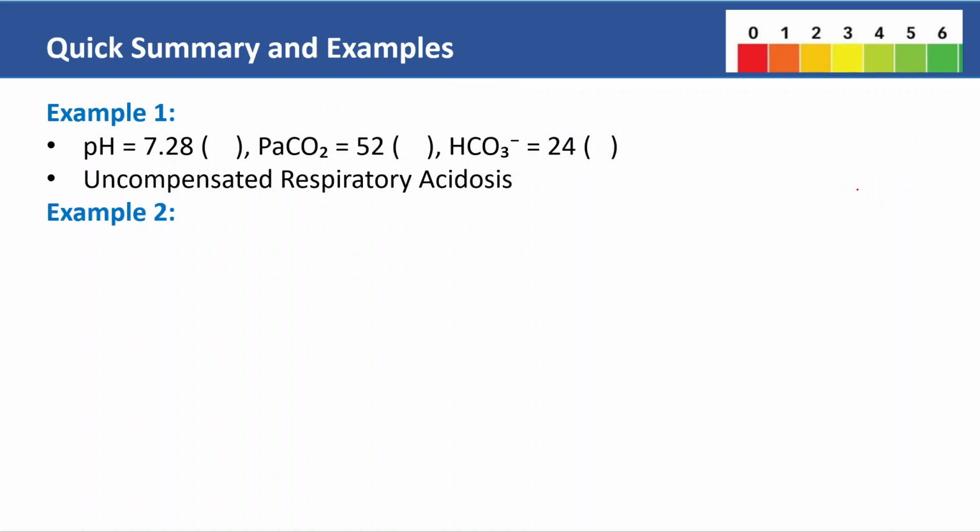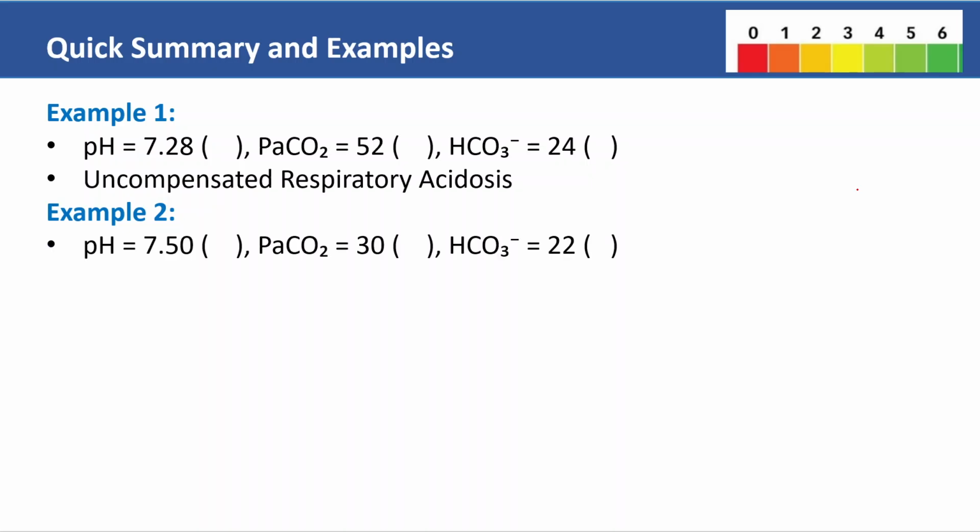Okay. So next sum, example 2. The pH is 7.50. It means it is increased. So I have to say it is alkalosis. Alkalosis, yeah, that's right. And the bicarb is 22. This is normal. Again, it is going to be opposite, so it is uncompensated only because one is normal.